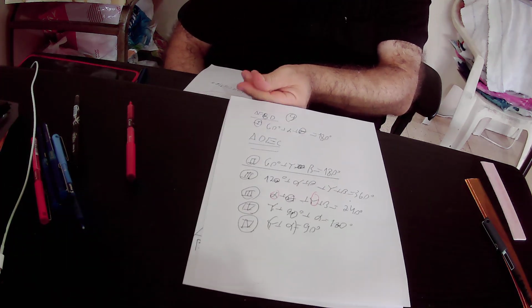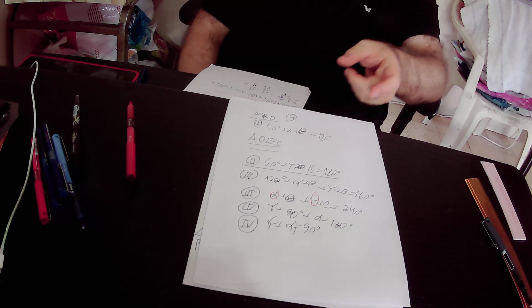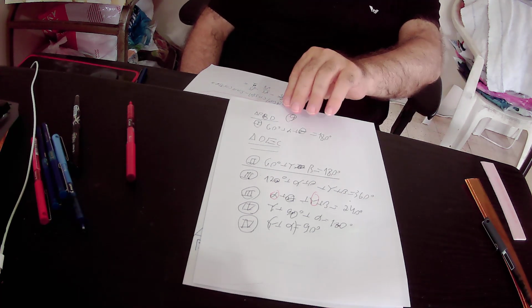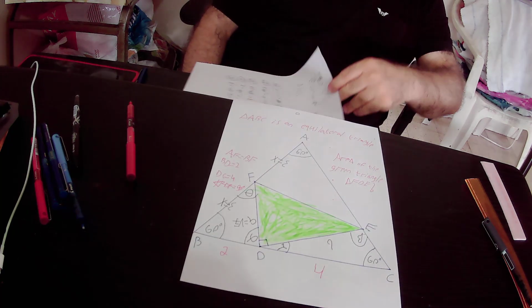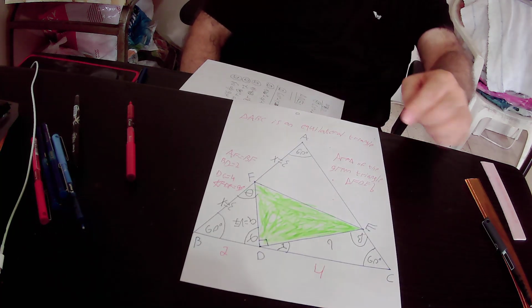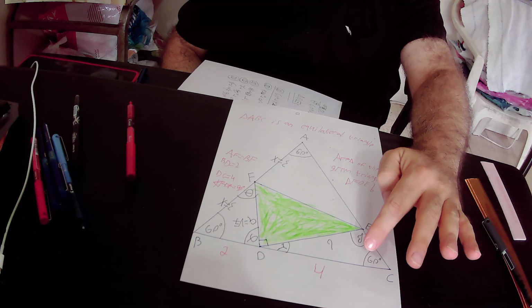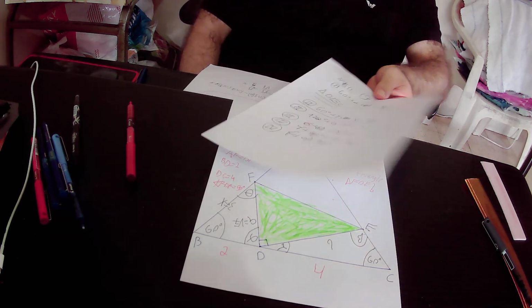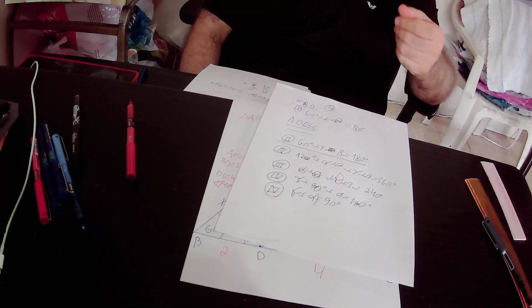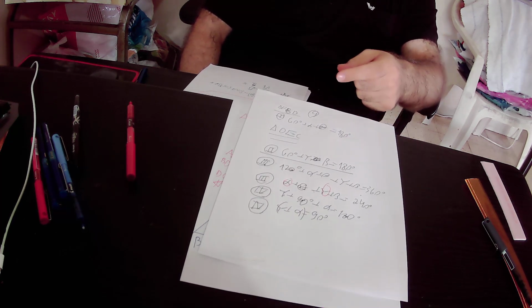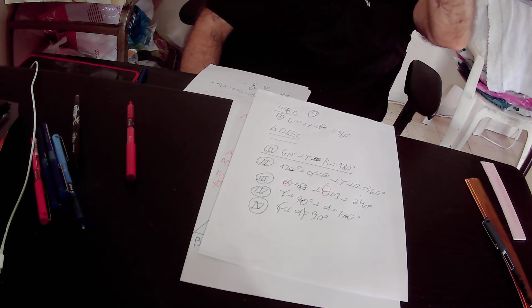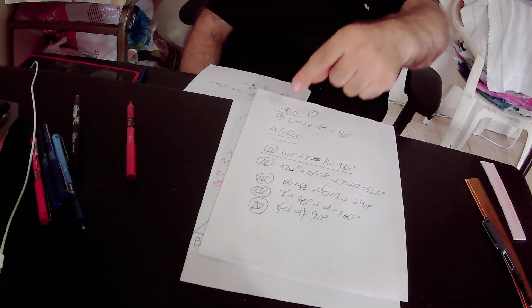The second equation states that the sum of the angles in triangle DEC also equals 180 degrees. Then we added equation number 1 to equation number 2, and we created equation number 3.